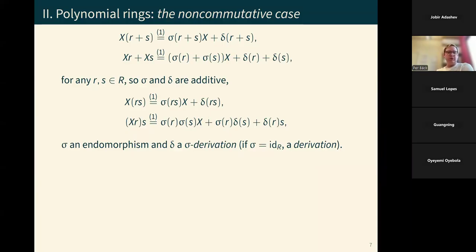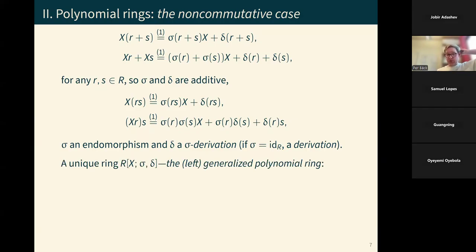So these are basic requirements of our sigma and delta, and one can now wonder what other requirements there are. I mean, how much do I need to compute in order to get a ring? Well, it turns out that this is actually sufficient. So if I give you a ring, an endomorphism sigma, and a sigma derivation delta, then there is a unique polynomial ring which satisfies this rule number 1. If I iterate this rule number 1, I eventually get a formula for how the product on monomials works.